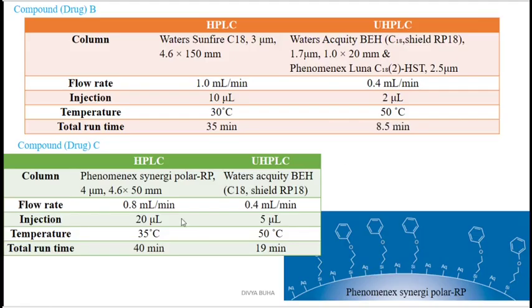Phenomenex Synergy Polar RP columns are sometimes even referred to as ether bridged phenyl columns. Over here in this figure you can see that this is the phenyl ring, this is the ether group, and it is attached again to the carbon chain, and over here at the end the carbon would be bonded to the silica particles.